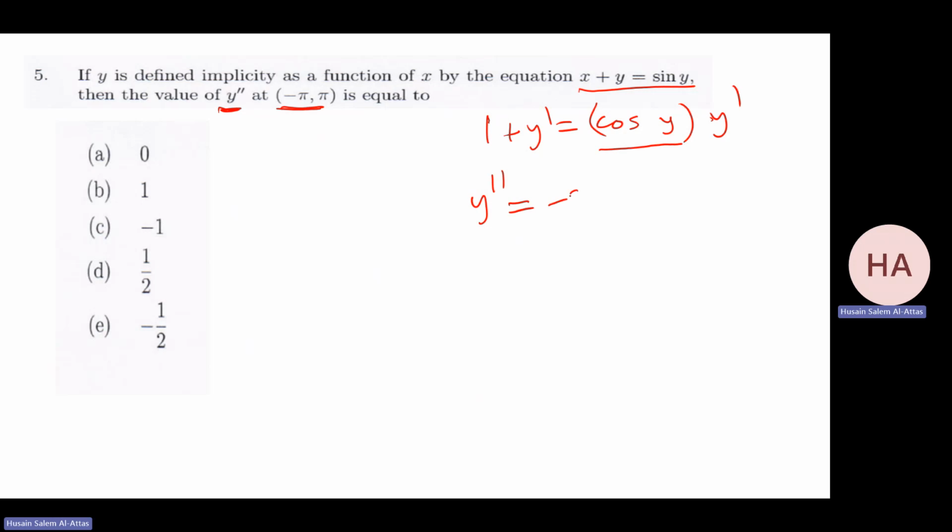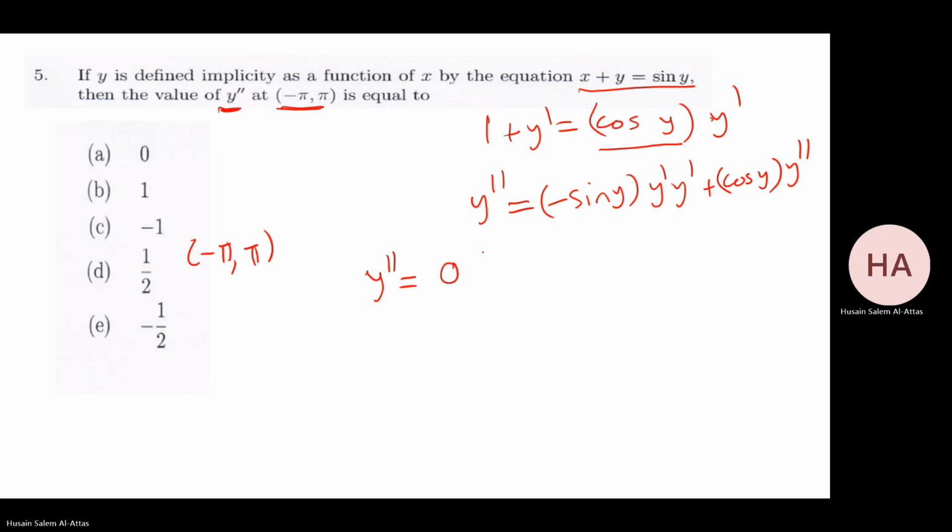Derivative of this: minus sine y times y prime squared, plus cosine y times y double prime. So this is the point, minus pi and pi. Substitute. So you have y double prime equals minus sine pi, all of this is 0, plus cosine pi times y double prime, which is minus y double prime. So that means 2y double prime equals 0. So y double prime equals 0.